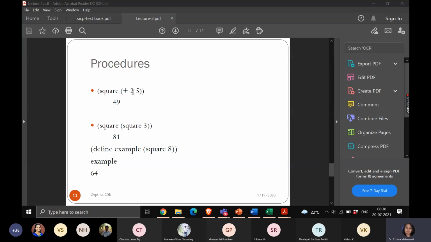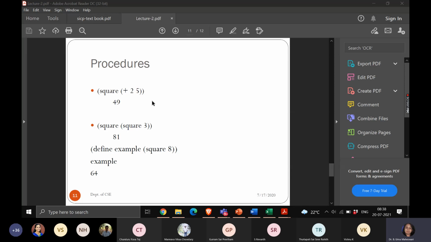So if you take plus 2, 5, the interpreter reads the plus, finds the corresponding machine instructions, applies the operands, evaluates, and returns the result. Okay, so far there are no return statements when we are talking about functions. Let us look at that soon.